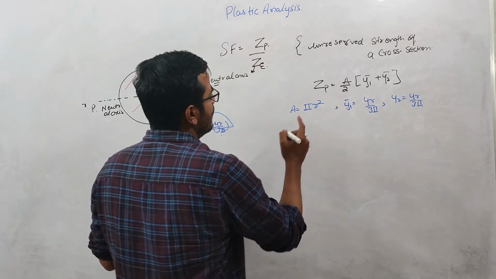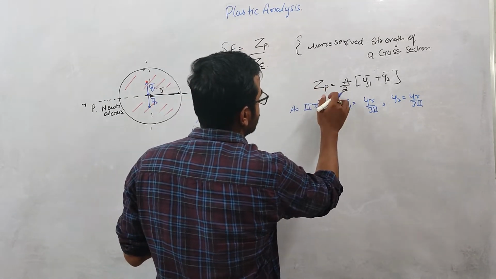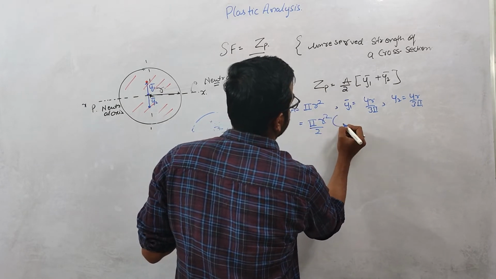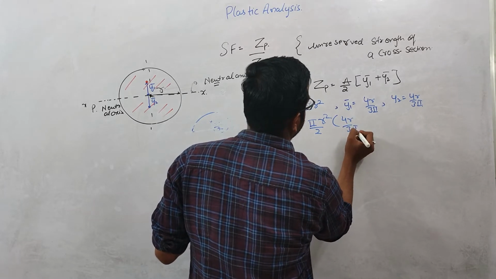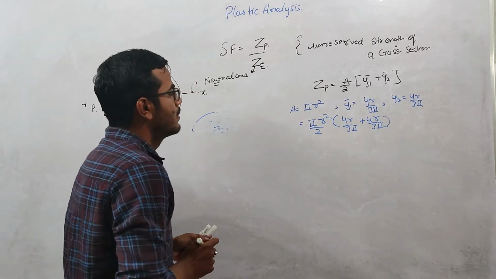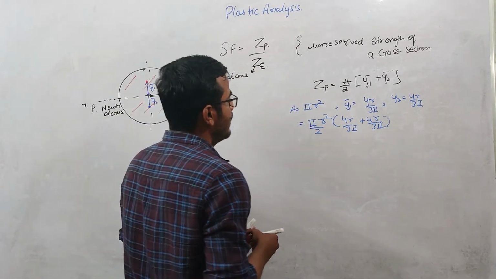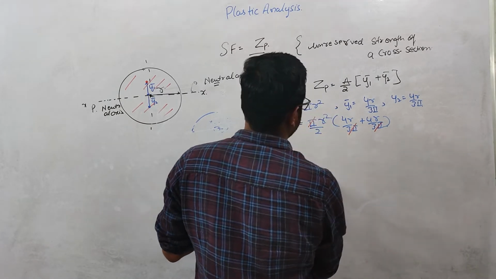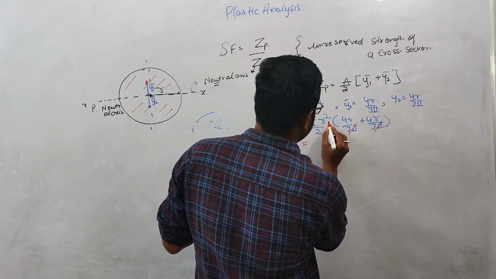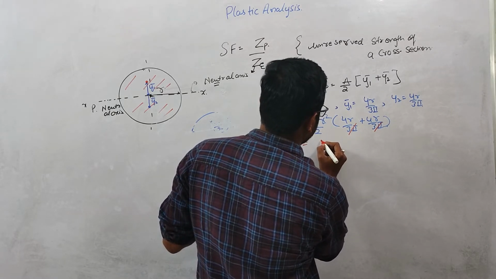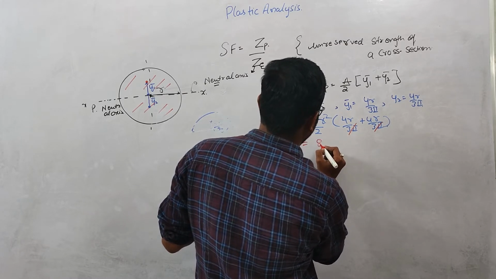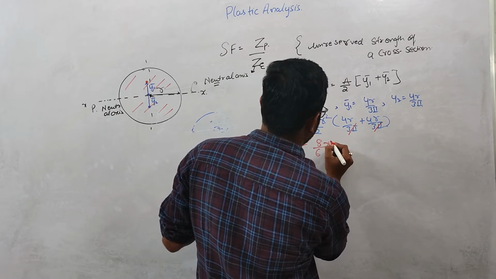If you put these values into the formula, it is pi r square divided by 2 times (4r over 3 pi plus 4r over 3 pi). The pi cancels out, and the value comes out to be 8 over 6 r cube.